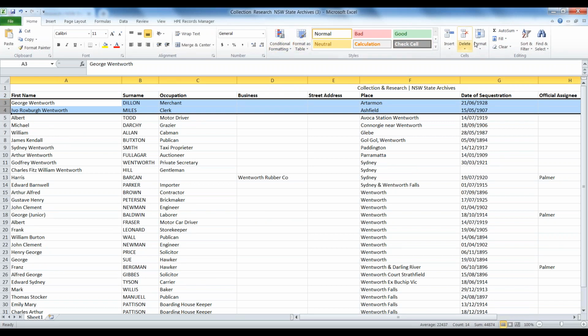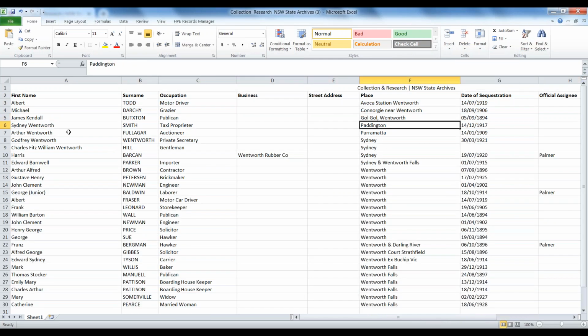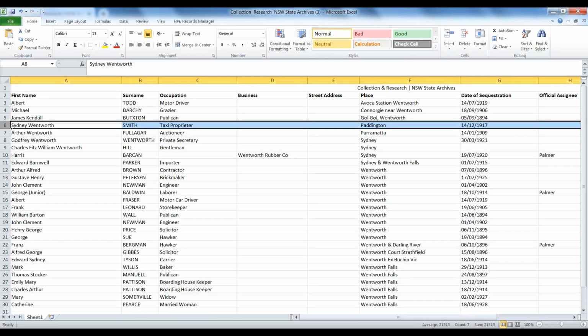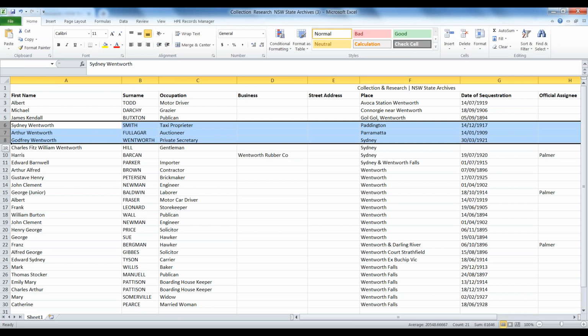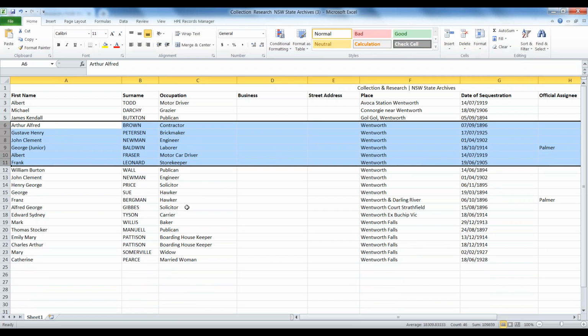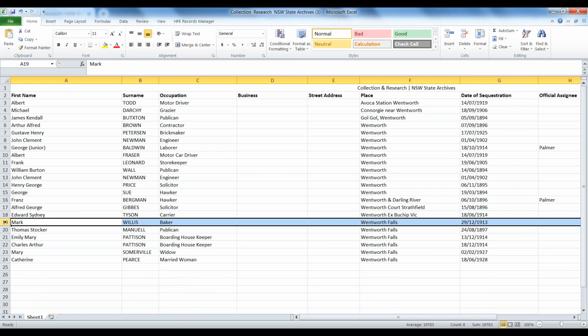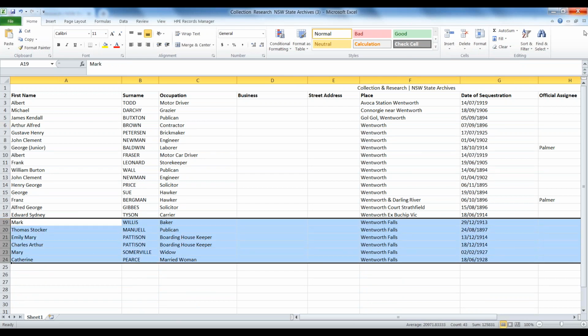I'm going to take out both of those rows and the one for Glebe. So this might take you a little while, but it's worth doing that and just taking out the Wentworth Falls entries.